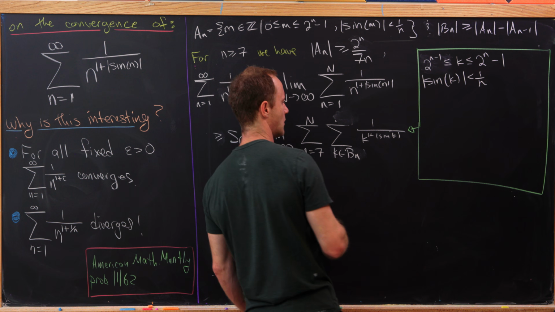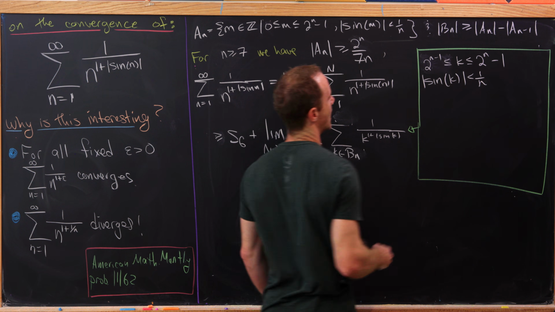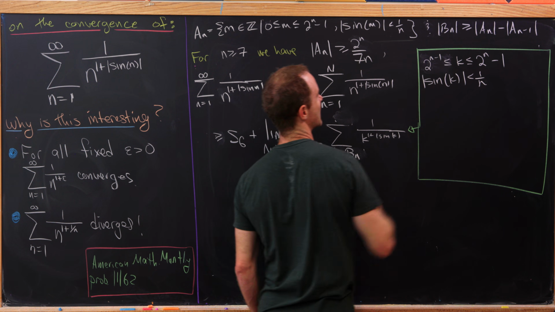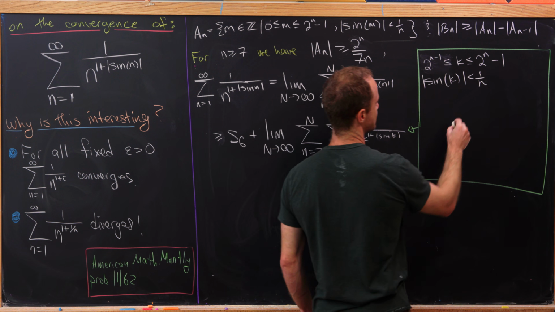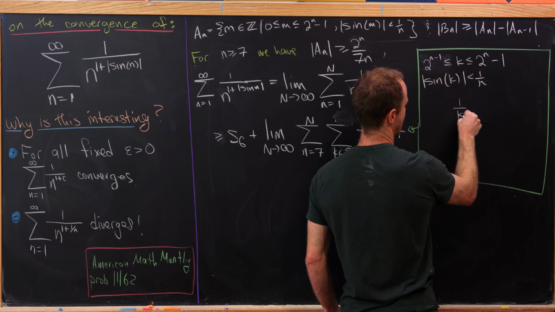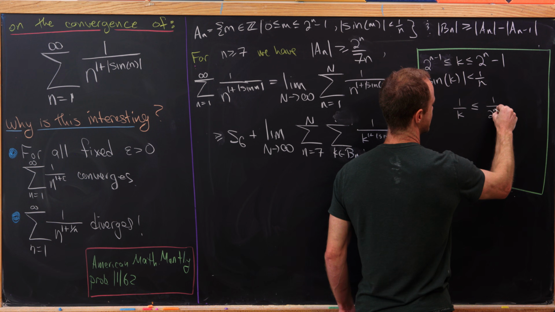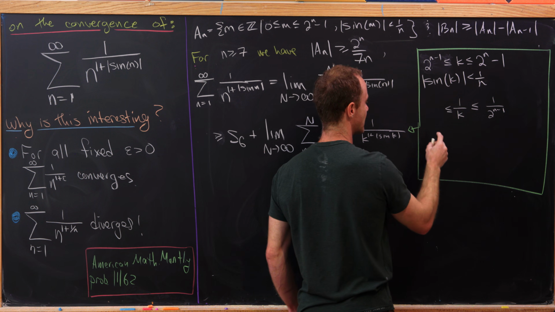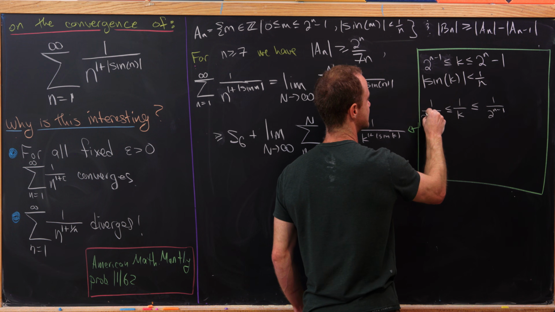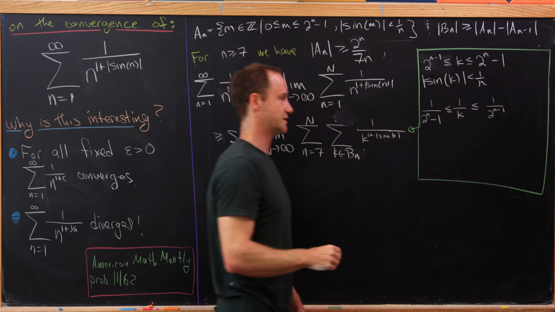Okay, well now let's take the reciprocal of k, and notice that's going to flip the inequalities here. So we have 1 over k will be less than or equal to 1 over 2 to the n minus 1, but yet bigger than or equal to 1 over 2 to the n all minus 1.